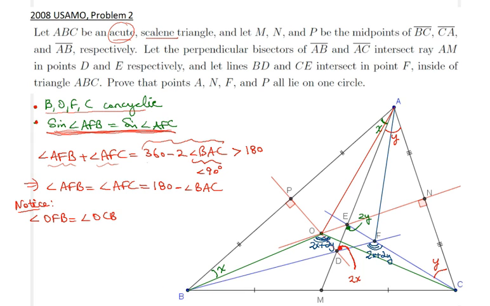Let me draw this final line that I'm missing up here. So there we go. What I'm claiming is that this angle right here, OFB, subtends arc OB. So this angle and this angle are equal because they subtend arc OB of this circle BOFC.